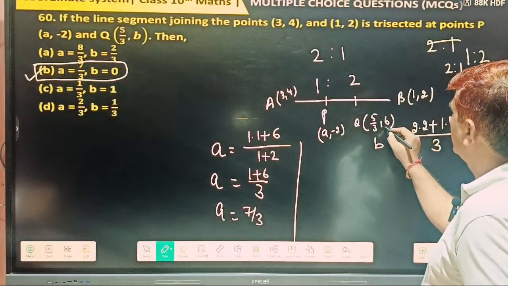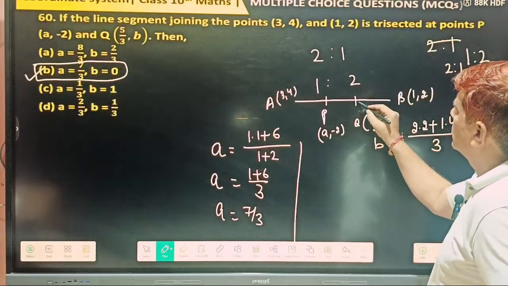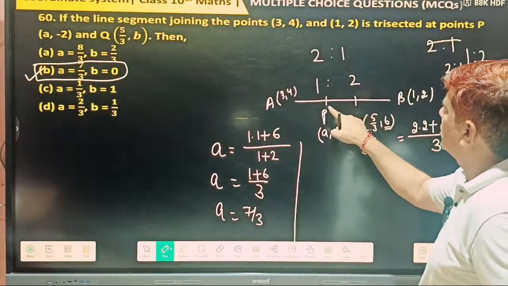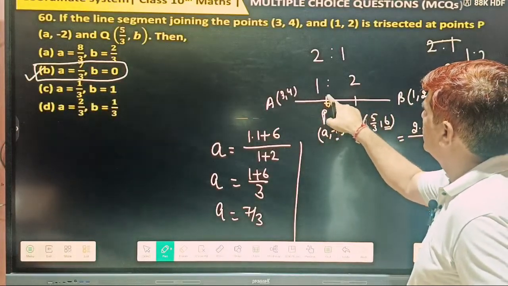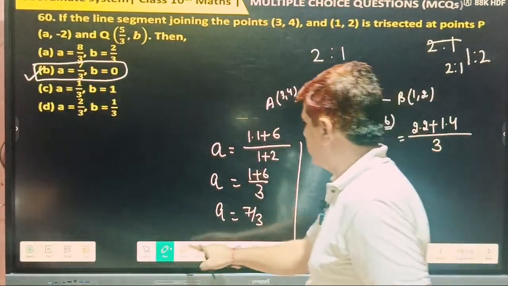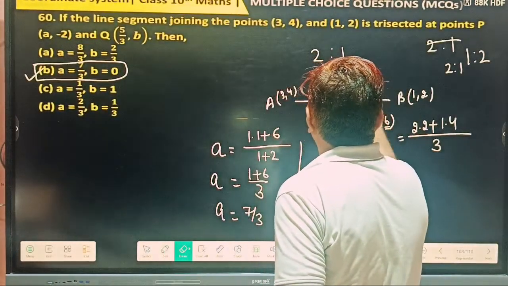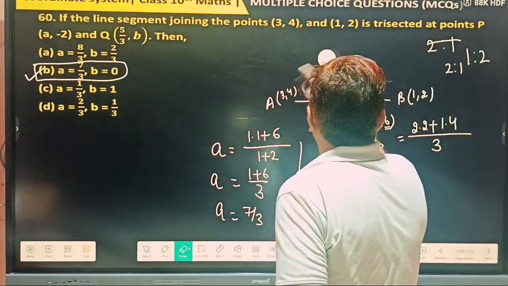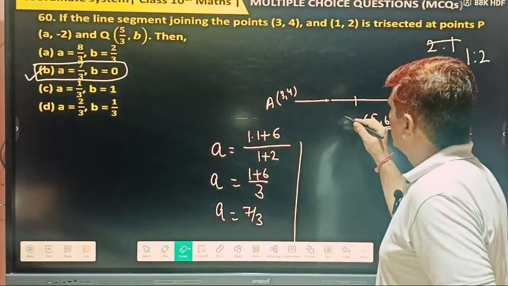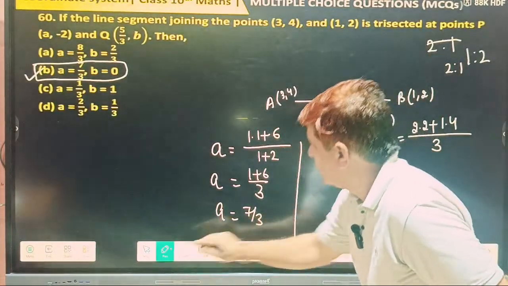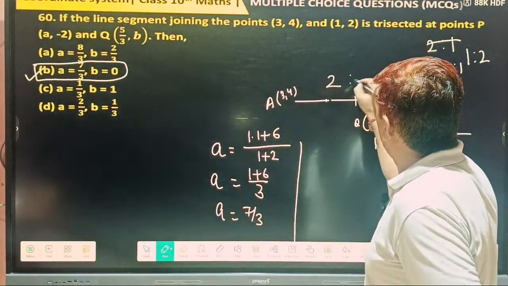B is this. So this is the point which divides this in this ratio. What's the ratio? This ratio. So erase this. This is the point. This divides in which ratio? 2 to 1.